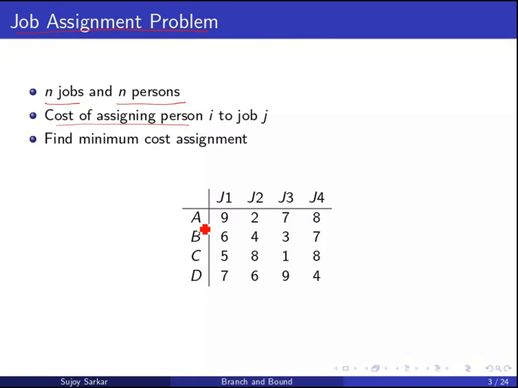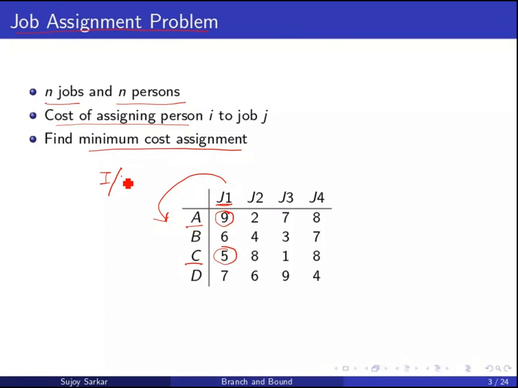For example, if we assign job 1 to A, it will cost 9. But if we assign job 1 to C, it will cost 5. So like that we have to assign the jobs to the persons, and we have to find the minimum cost assignment.